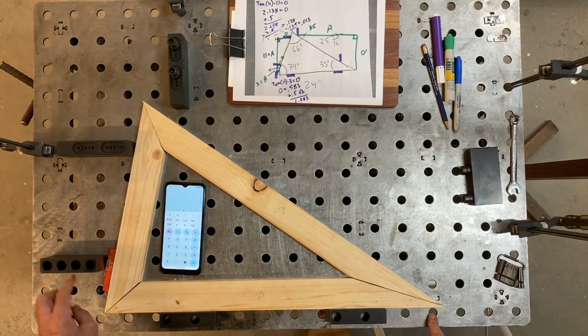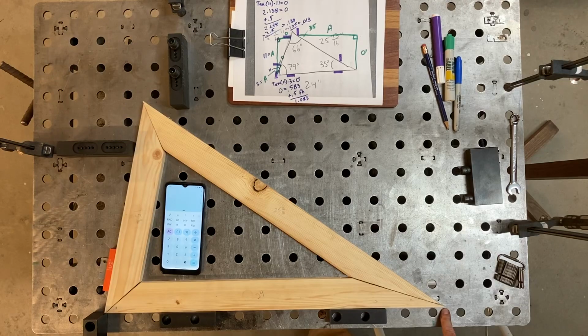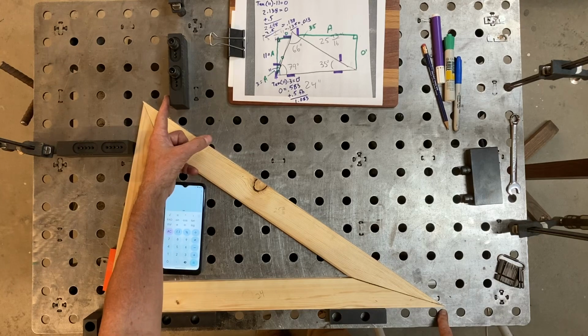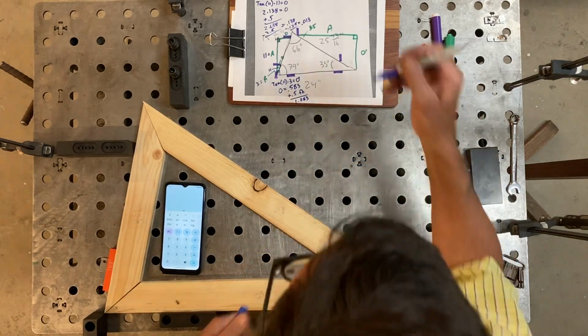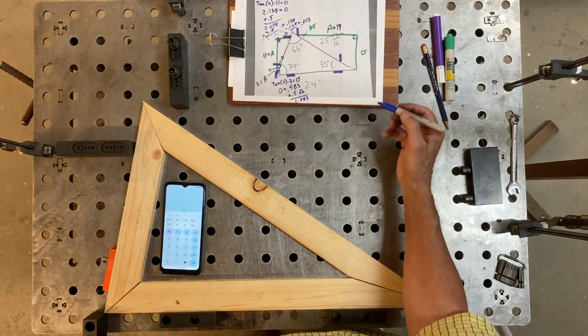But remember, we're 24 inches from this edge, so we got to add a 1/2 inch to get to here. Plus, we add a 1/2 inch to get to the edge of our fence block. So that gives us 19. So A is equal to 19.